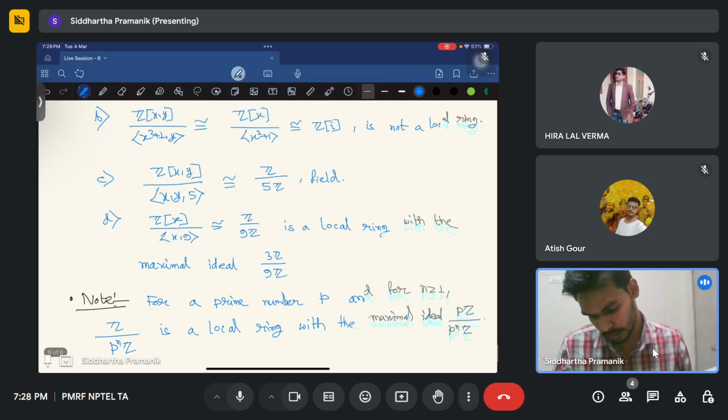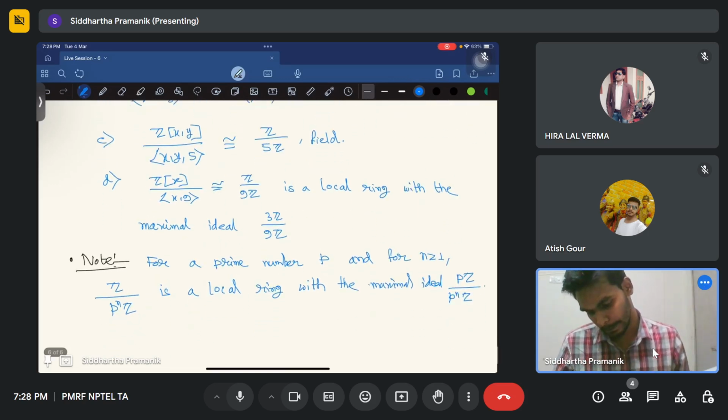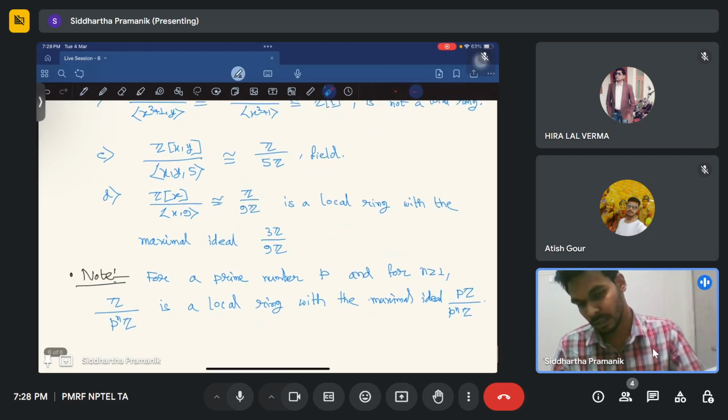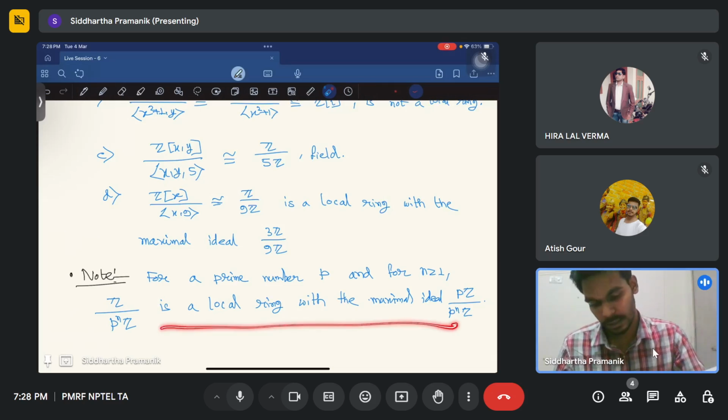This is something useful. You just have to use the correspondence theorem to verify this. There is nothing else.